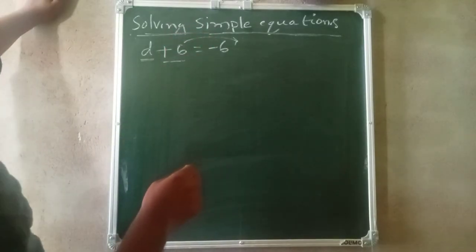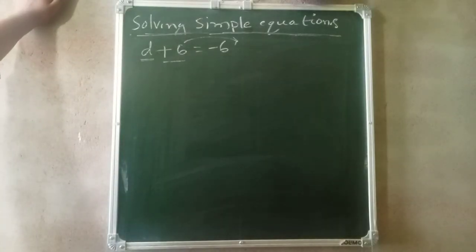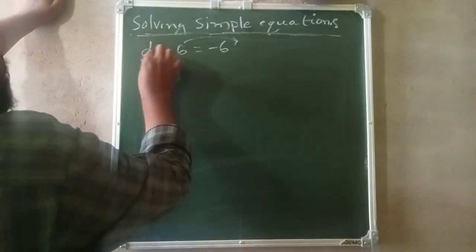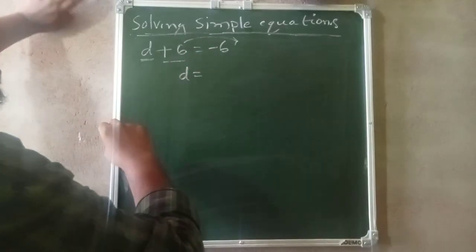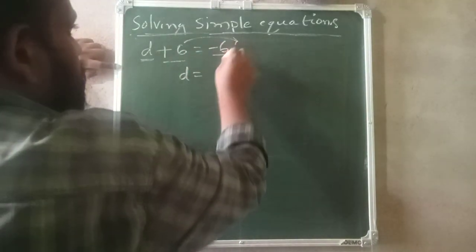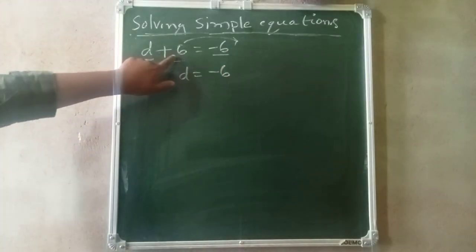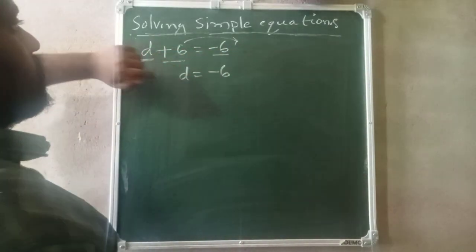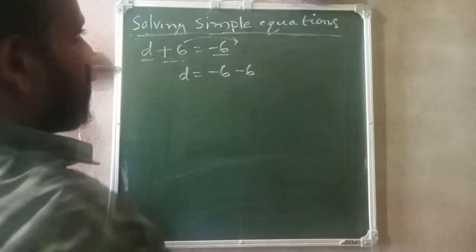Okay. So in the next step, before moving, write this d as it is, equal sign as it is, this minus 6 as it is. When plus 6 move to this side, this plus 6 becomes minus 6.